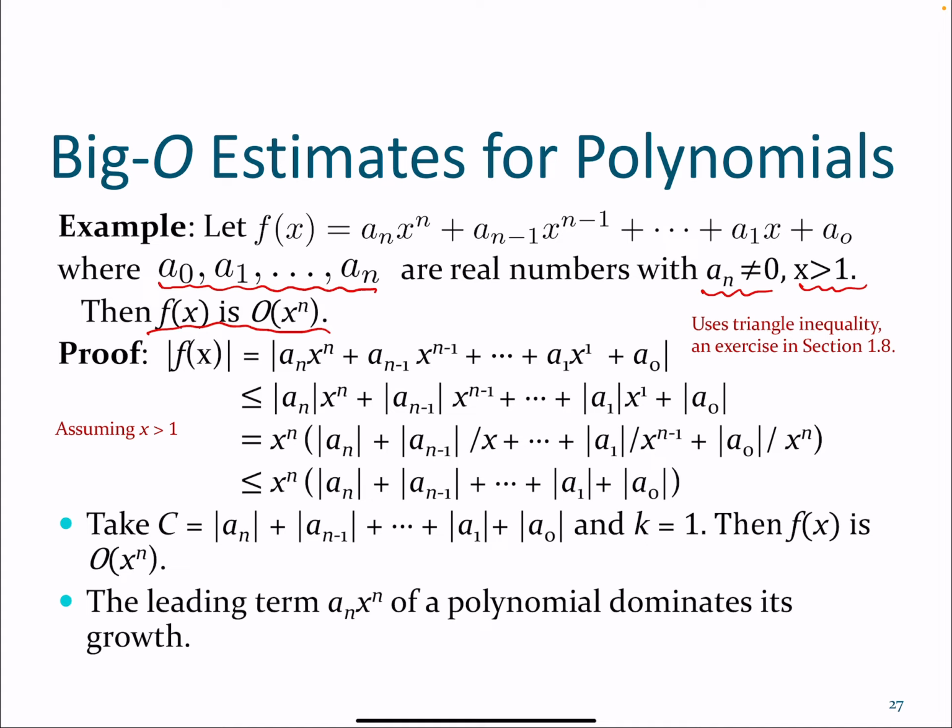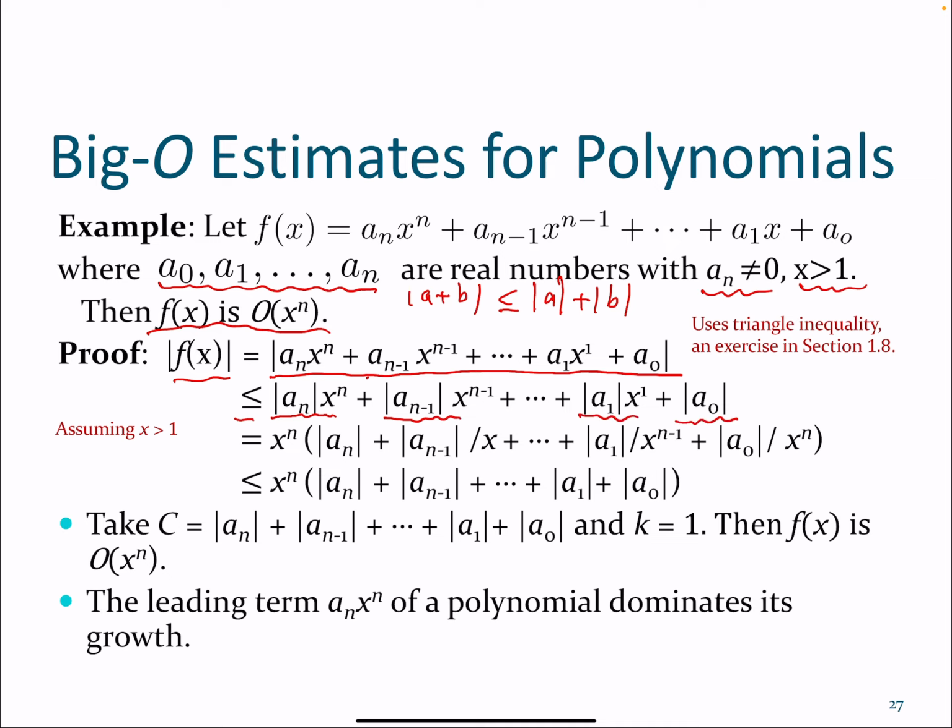It's very easy. Let's first look at the absolute value of f(x), which is equal to the right-hand side. Using the triangle inequality, which says no matter what a and b are, the absolute value of a plus b is always smaller or equal to the absolute value of a plus the absolute value of b, the absolute value of f(x) is smaller or equal to the sum of the absolute values of each element.